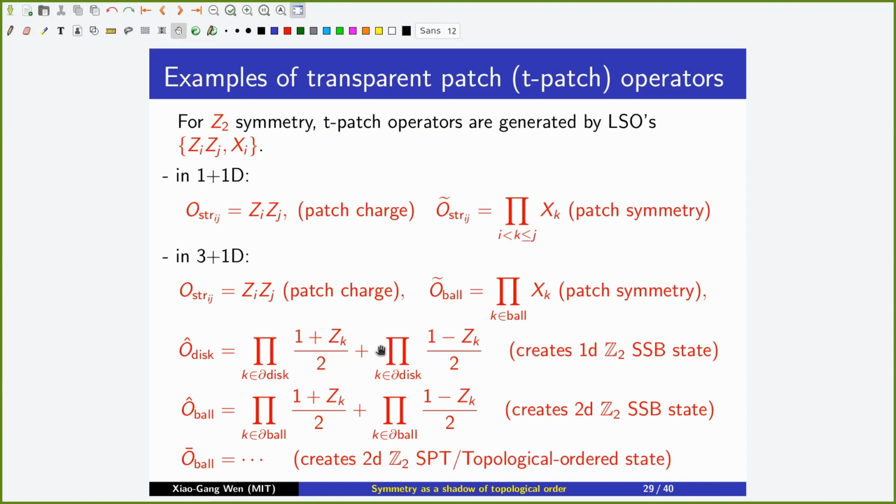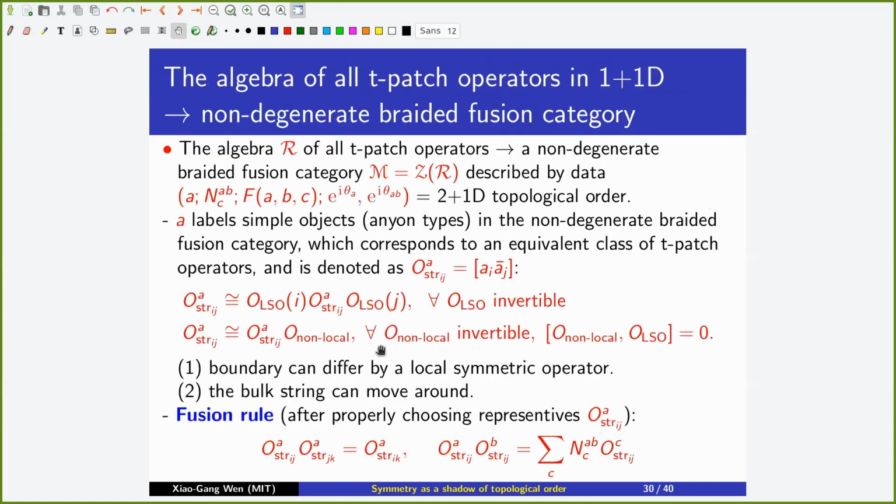If you can do that, then that is trivial. Okay. Anyway, so there's some setup here, and basically on the boundary we can create this local symmetry operator. And another thing is that we can even multiply a non-local operator so that two string operators are the same. But this non-local operator should all commute with the local symmetry. So this non-local operator should be totally transparent.